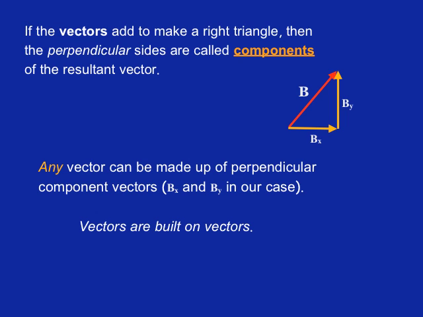Breaking B down to show it's the sum of two vectors, Bx plus By, to show it's built from these components, can sometimes be useful. How much is B pointing in the x direction or the horizontal? How much is this vector pointing up or north or vertical?